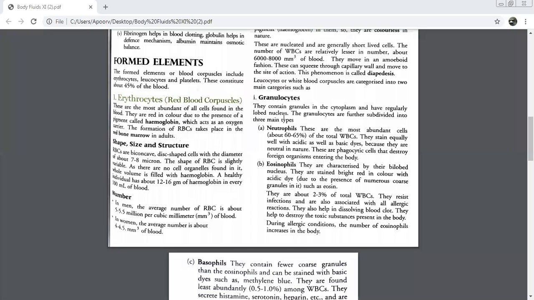The pituitary gland. Yes. So here, what structure is being talked about as lobed? In granulocytes, it is the nucleus which is lobed. What is a lobed nucleus?